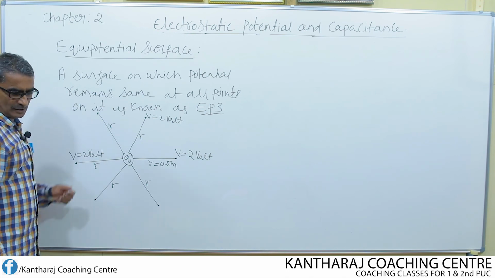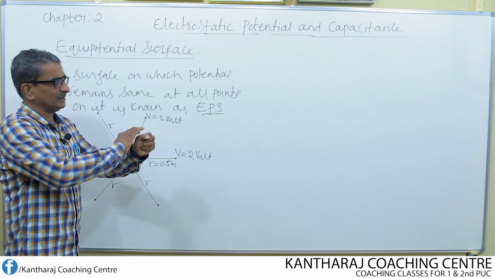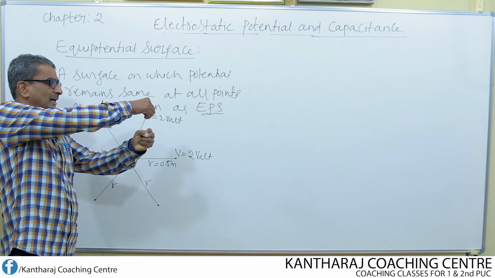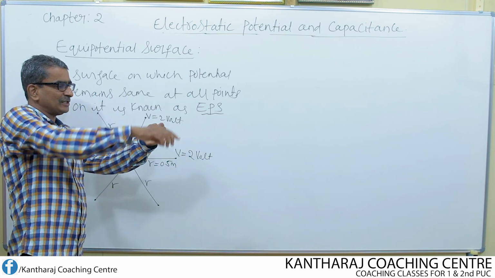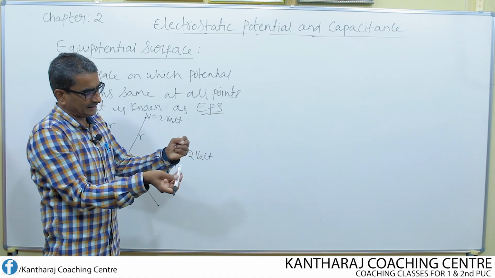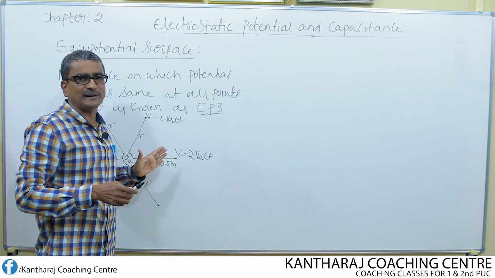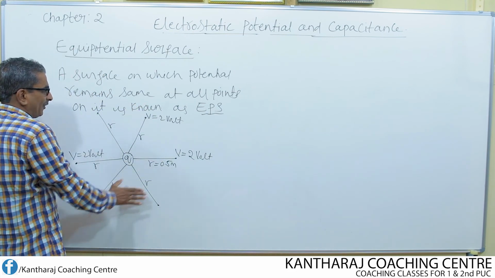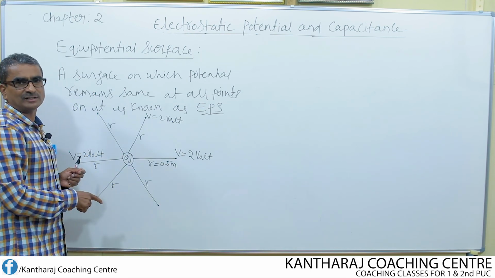Now suppose I imagine this as a charge. All around this charge, in any direction, at the same distance, the potential remains the same. Now if I consider the locus of all these points having the same potential, how does that locus appear?